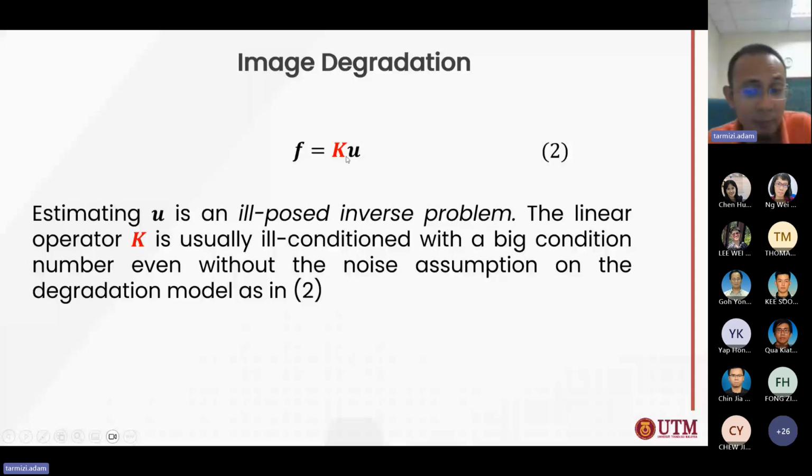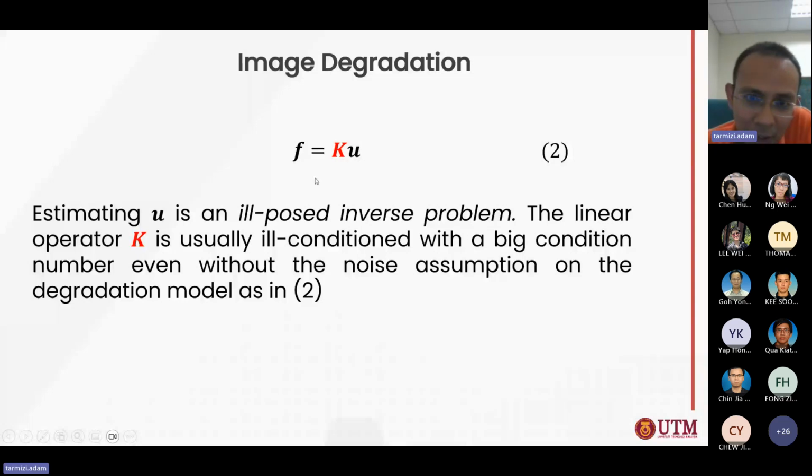But for image restoration, even if you just take the inverse, you won't get a satisfactory result. It's very difficult because K usually has a very big condition number. It's very sensitive and ill-posed.